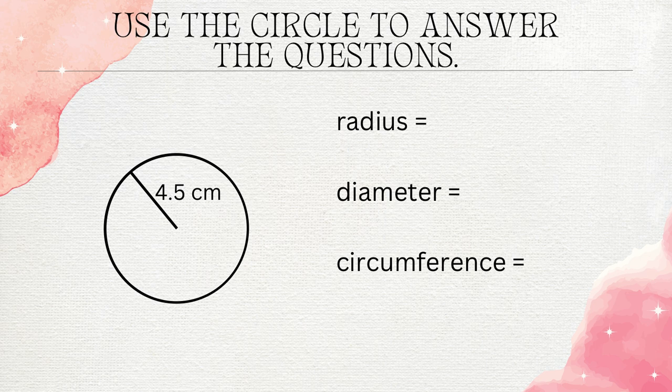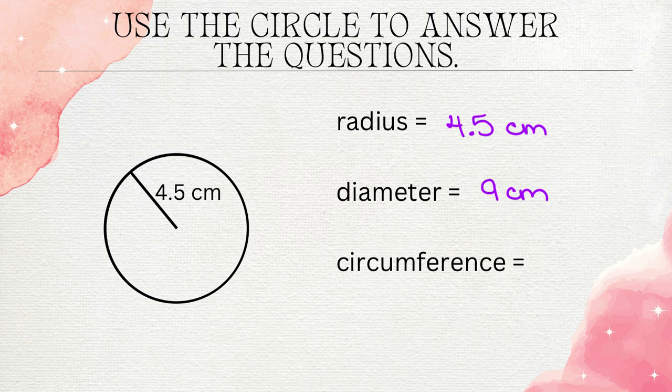Emerson. 4.5. Very good. We have 4.5 centimeters. What is the diameter of this circle? Abigail? 9 centimeters. Okay. And now circumference.